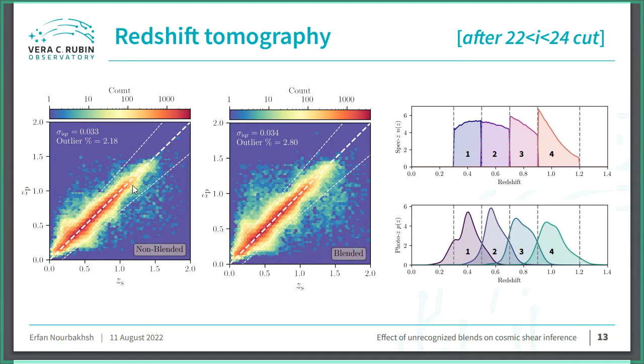The left one is for the non-blended, and the right one is for the case when we have galaxy-galaxy blending in our sample. You see the sigma for this so-called ZZ plot has increased a bit, not that much, but the outlier rate changed more significantly, going from the non-blended sample to the blended sample.